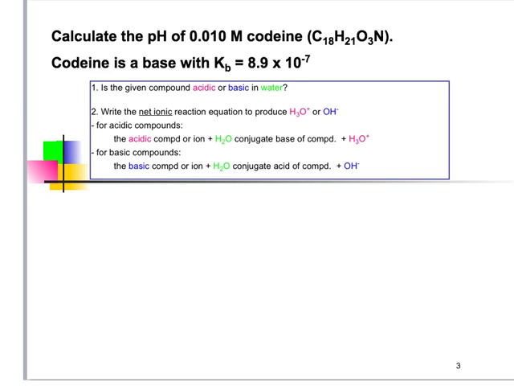Well, that's decided, so now we need to write our net ionic reaction equation. And we're going to produce OH minus because the compound is a base. See down here, a base compound has to have the OH minus produced. Let's write that net ionic equation.